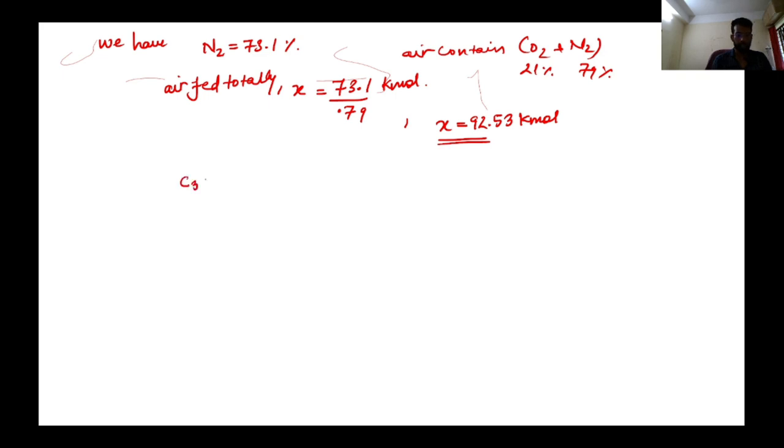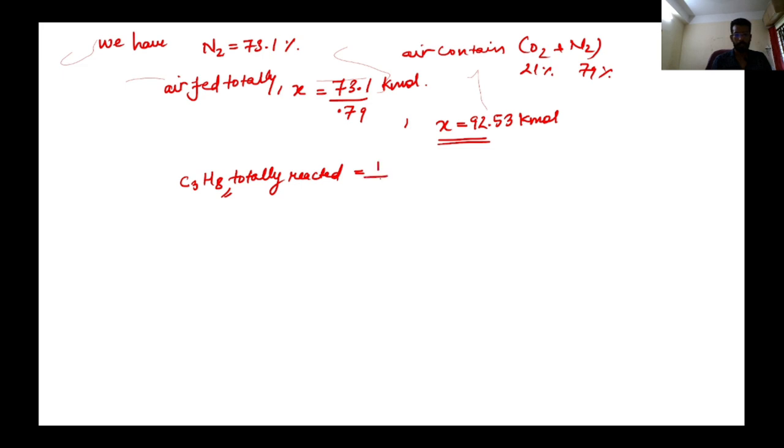So C3H8 totally reacted is equal to, since we are finding C3H8, its stoichiometric coefficient should be the numerator.